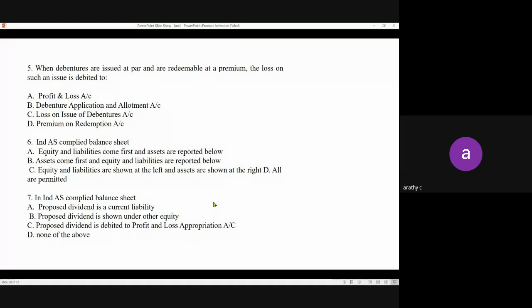Proposed dividend is debited to P&L appropriation account, and the last is none of the above. Answer D, none of the above.